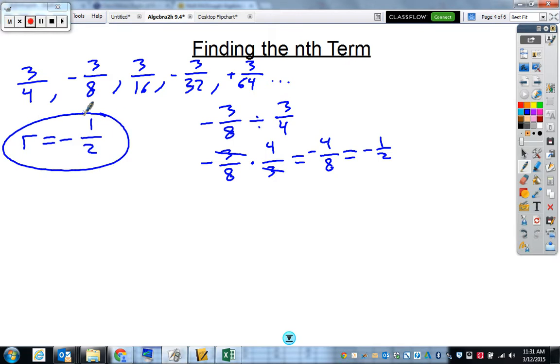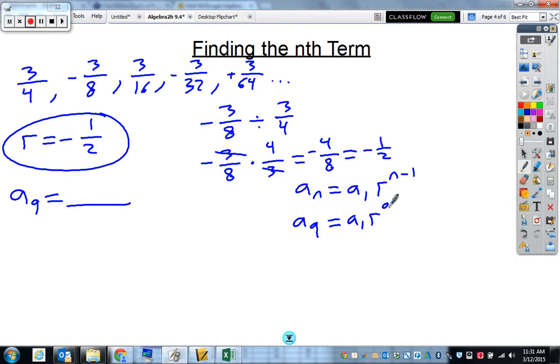We're trying to find a sub 9, so I'm going to use my formula. Again, a sub n equals a sub 1 times r to the n minus 1. Since we're trying to find a sub 9, that's a sub 1 times r to the 9 minus 1. A sub 9 equals, well, I know a sub 1 is 3 over 4, and r is negative 1/2 to the 8th.